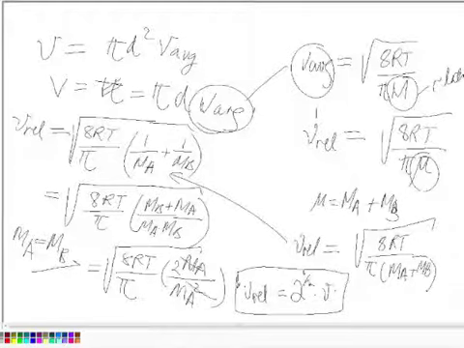So you can now understand why v relative is equal to root 2 times v average. Let's go back to the presentation.